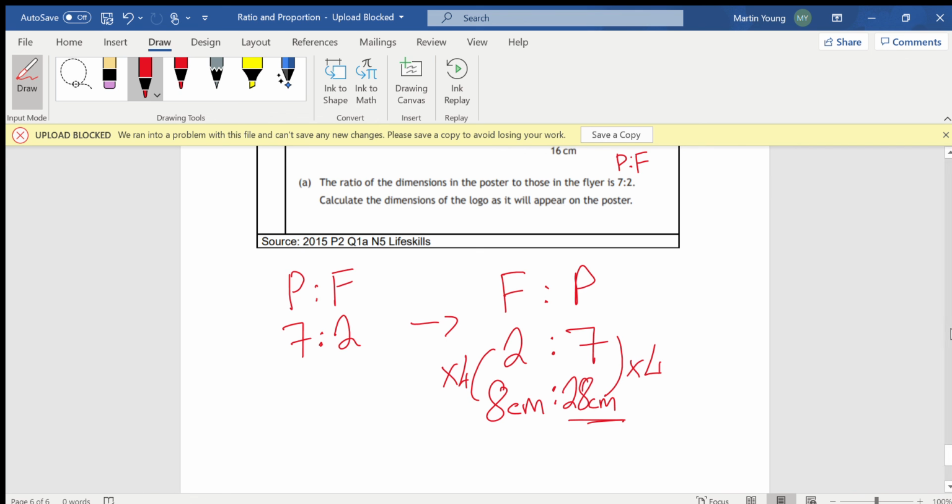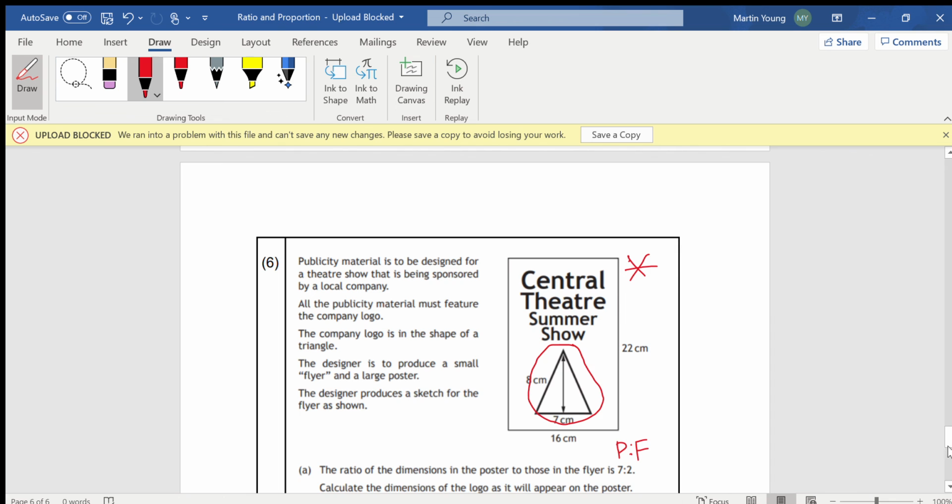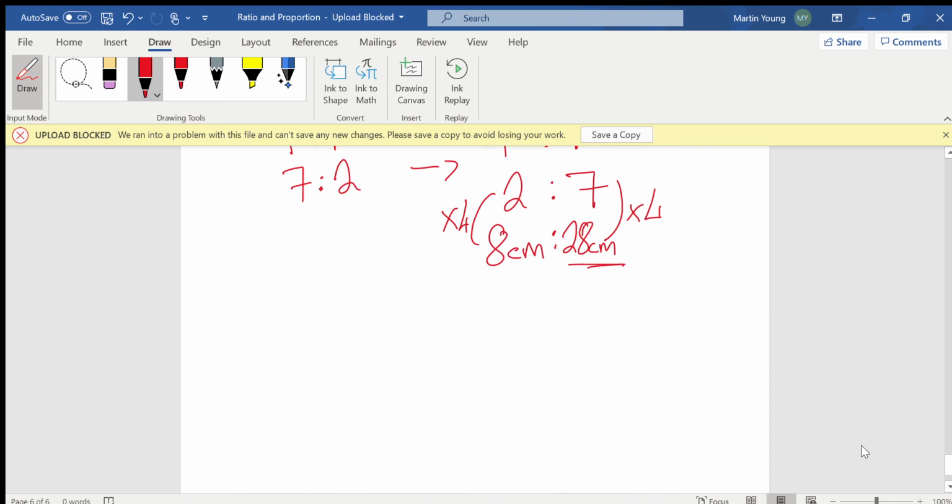What's the other length of the triangle? Well, it's 7 down the bottom here. So I'm going to do that again. It was flyer to poster, and it was 2 to 7. The length on the flyer was 7, and I want to work out what the length on the poster was.